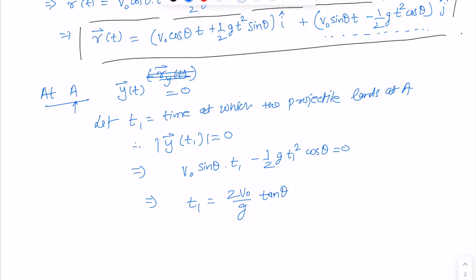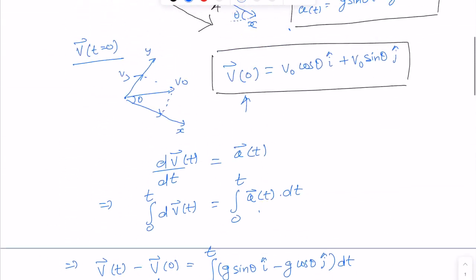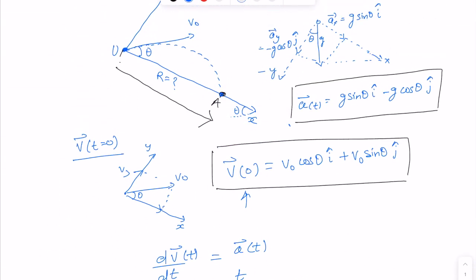Alright, so now R is nothing but the magnitude of x at t1. If t1 is the time when the object lands at A, then x, the x component of the position vector at that time, has a magnitude that is simply r.